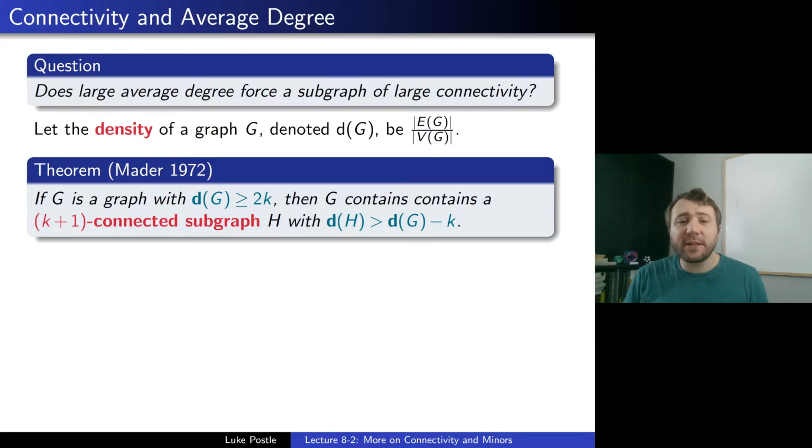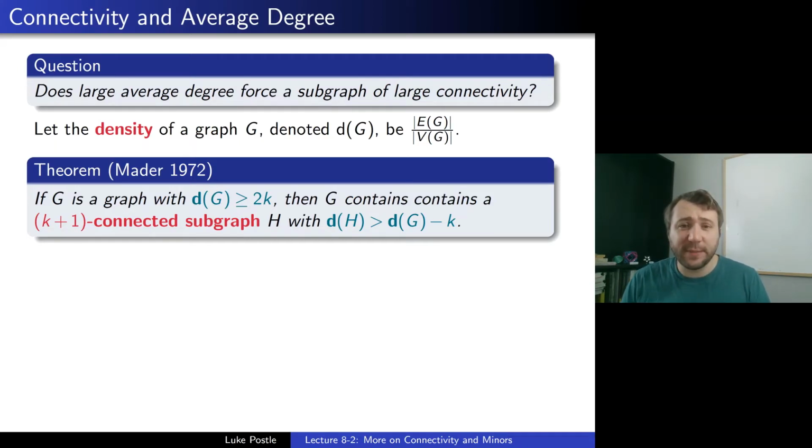In particular, if you have average degree at least 4k, because density is half the average degree, then you get a (k+1)-connected subgraph. If you just want a (k+1)-connected subgraph, you can get that with a small cost in density. So if the density of G is much higher, you can always find it at a small cost of density. That is a nice theorem, and let's go ahead and prove it.